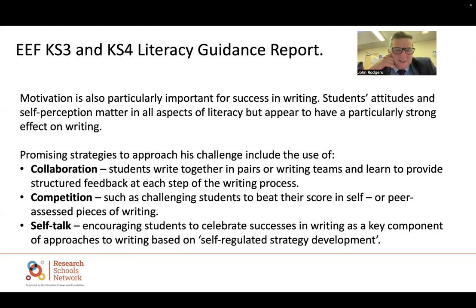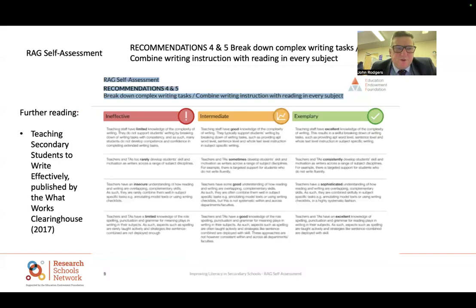Competition seems promising too, so challenging students to beat their score in a self or peer assessed piece of writing. And self-talk, which is part of self-regulation and metacognition, encouraging students to celebrate successes in writing as a key part of their approach. These are mentioned in the guidance report, so quite useful.